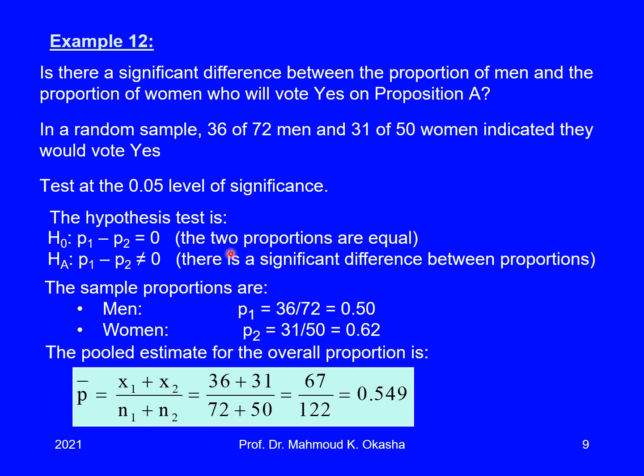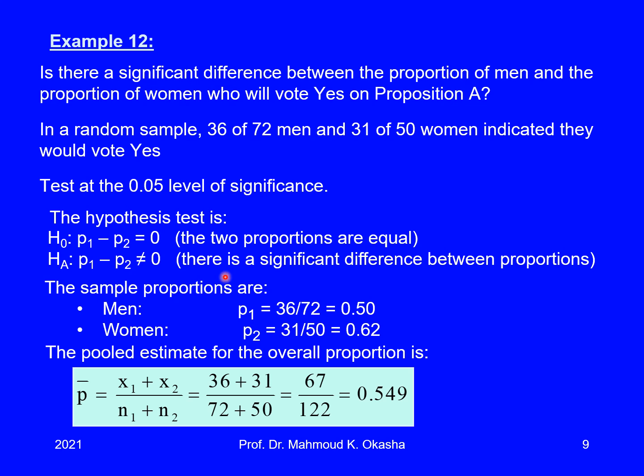The null hypothesis means the two proportions are equal. The alternative says there is a significant difference between the two proportions. Because of the question, we are not interested in whether one is bigger than the other, but in any difference. Is there any difference between the two proportions or not? So that's the two-tail test.